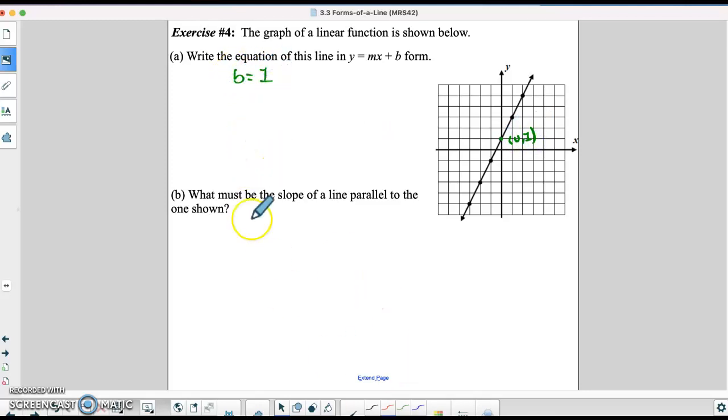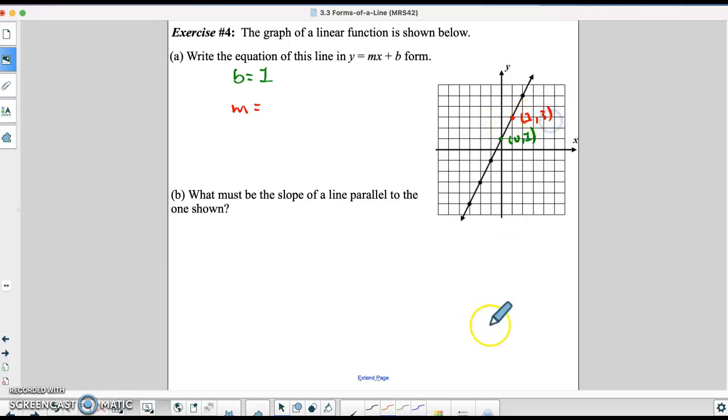Now, we may need more steps to find out the slope. So there are two ways. You can either identify 2 points, right? Let's identify this point. This is another one. Let's read it. There's 1 and 3.